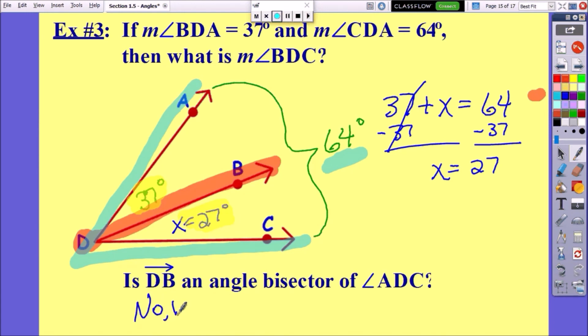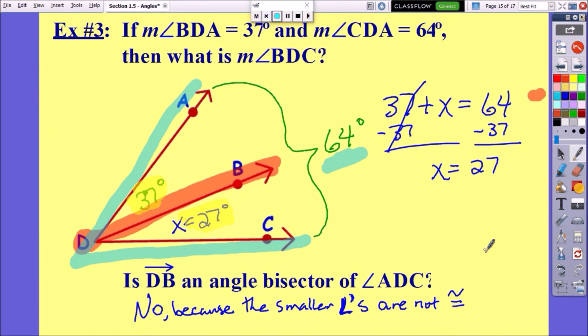No, because the smaller angles, and sometimes instead of writing out the word angles, commonly I'll do a little baby angle, apostrophe S. The smaller angles are not congruent.